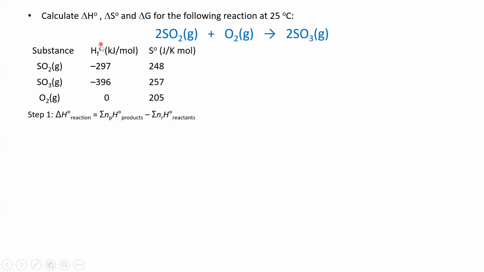So here are your enthalpy of formation values. Here are your coefficients in the balanced equation. See if you can calculate delta H for the reaction. Don't go any further than that. Look at the sign on delta H and try and figure out what that means with respect to the reaction.